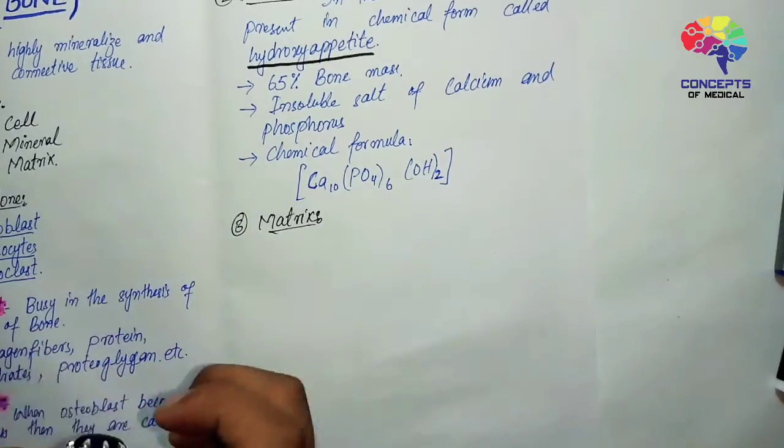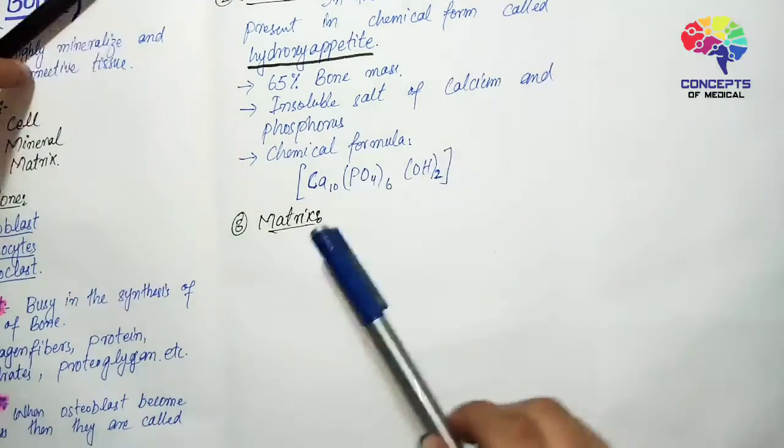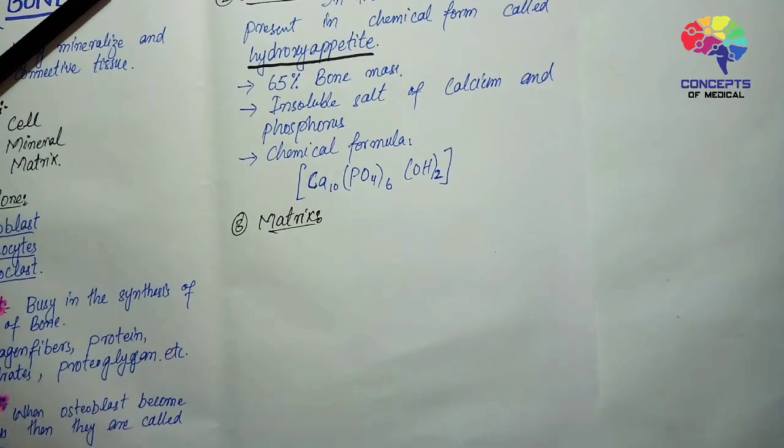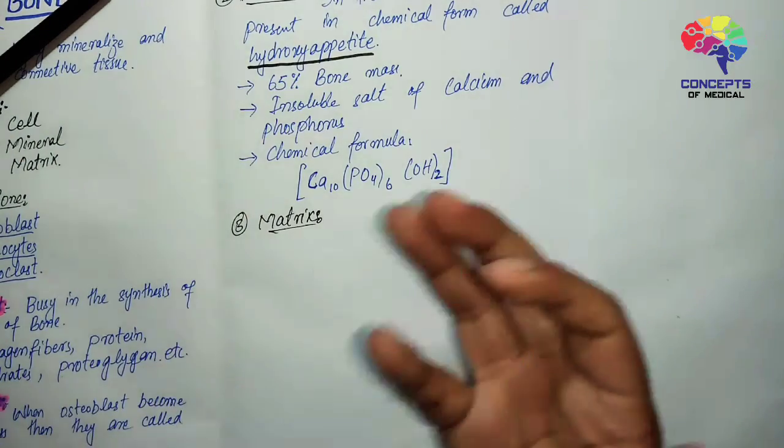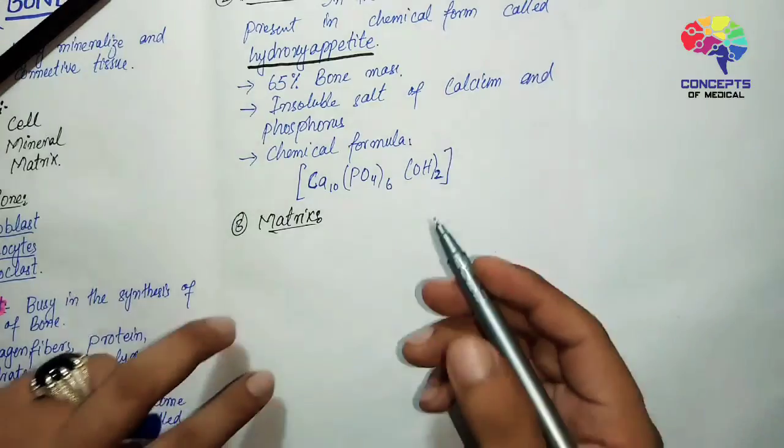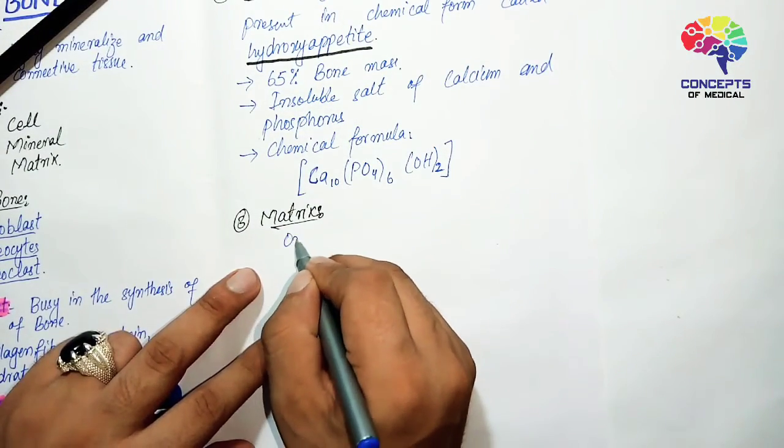Matrix also makes up the mass of bone, and it is made up of organic and inorganic parts. So what is the organic?